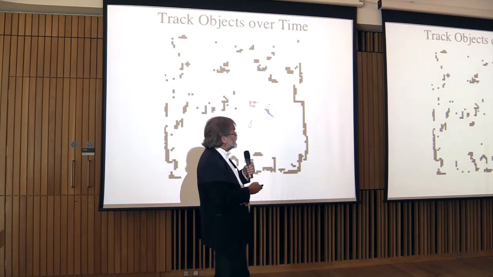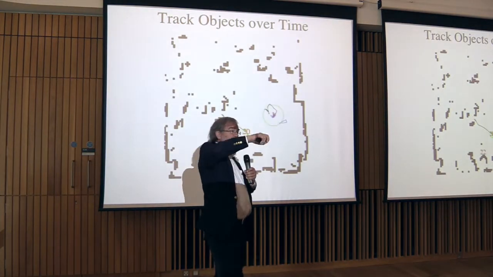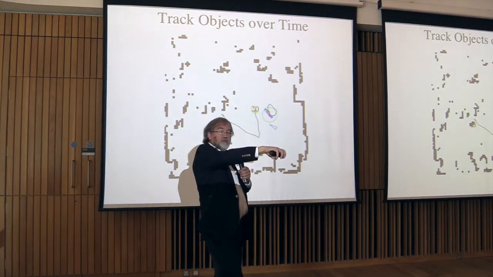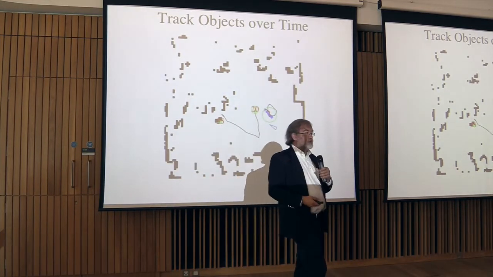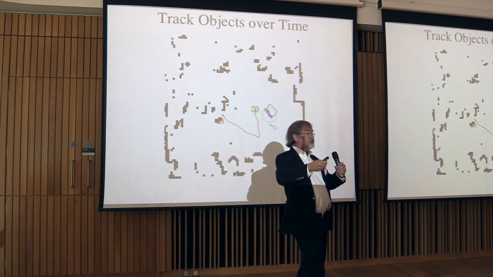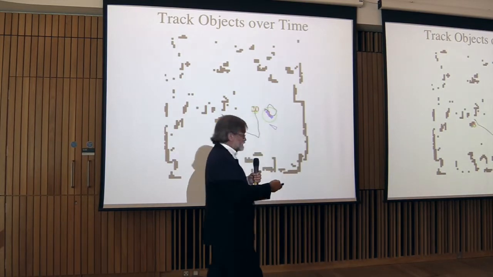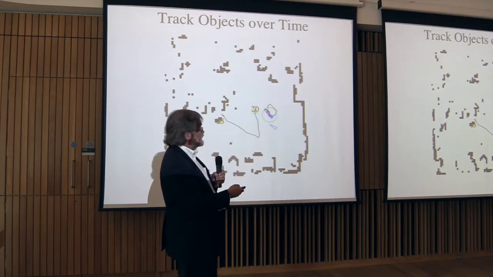Now the trackers, so let's watch this one, they go for a while and then they disappear. So it depends on always being able to find a unique successor to any given cluster at one time point. You want a unique successor at the next. So if it splits so there are multiple successors, or if it vanishes so there are no successors, then that tracker just dies. And so what we've done is we've tracked things.